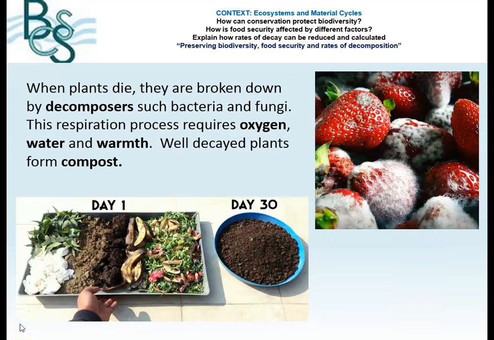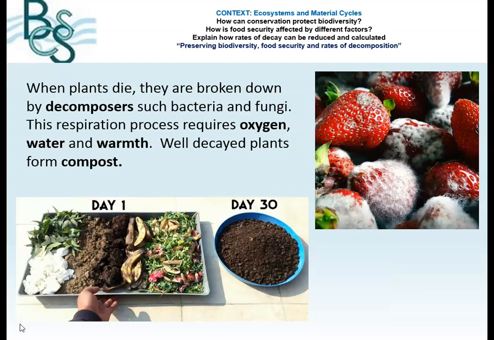So we produce all this food to feed the population of the world, but we do know that if food is not eaten and plant materials will start to decompose, and they're broken down by decomposers, and the examples of those could be bacteria and fungi, and as they break the materials down, rot them down, that process that they're doing that by is respiration.